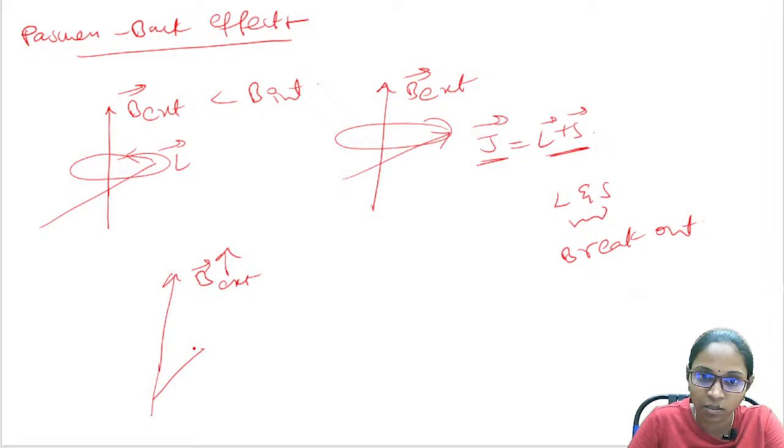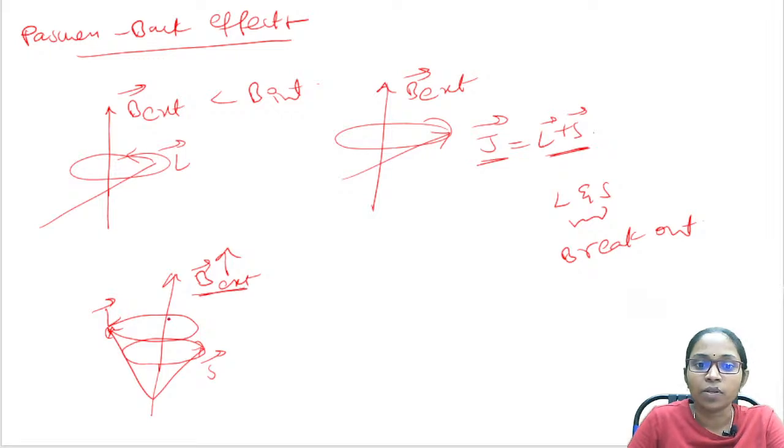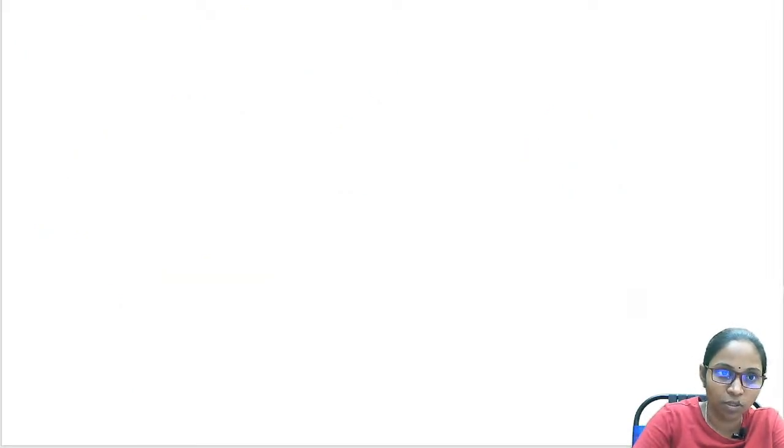This L will precess separately about this external magnetic field, and S also will precess separately about this external magnetic field. Whenever the external magnetic field is increased, the interaction between L and S will break down, and L bar precesses separately about this external magnetic field, and S bar also precesses separately about this external magnetic field. Okay, and if you keep on increasing, what happens here?